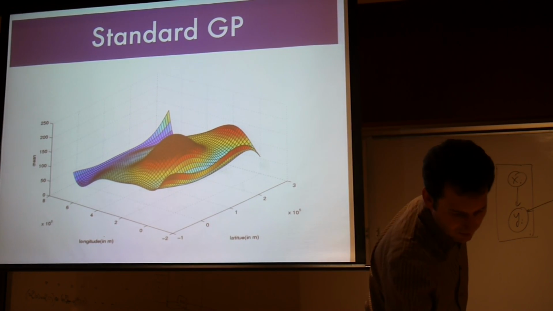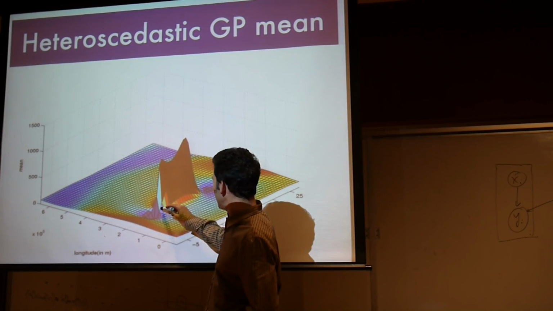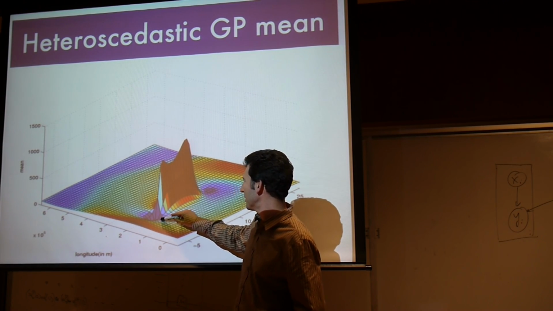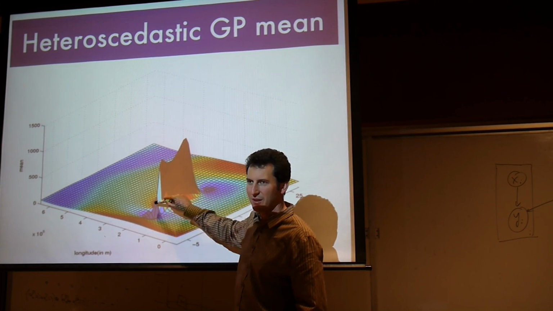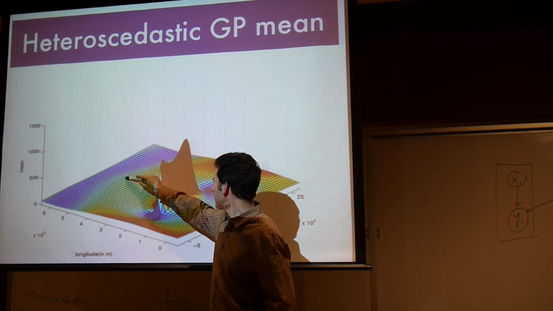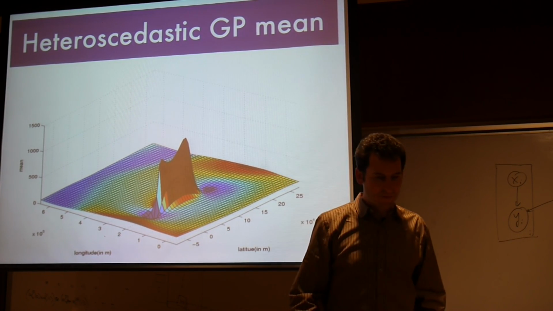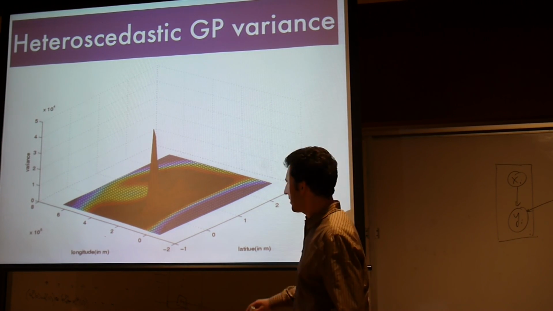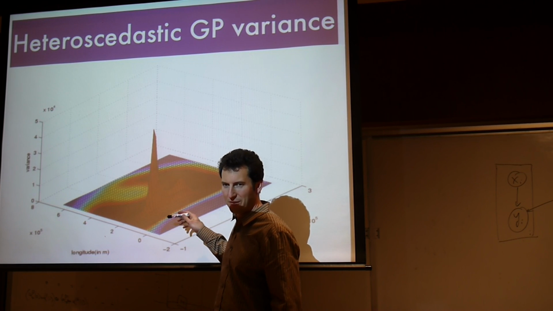If you have the heteroscedastic process, it actually fits it very well. There is a slight artifact here where it pulls the curve further down, but it basically gets it right that this is where the disaster happened, and out here things are free. And to show you in terms of the variance, this is the uncertainty it has about the data. This is all inferred.